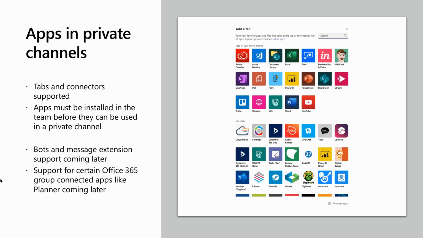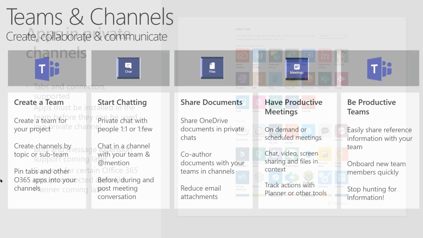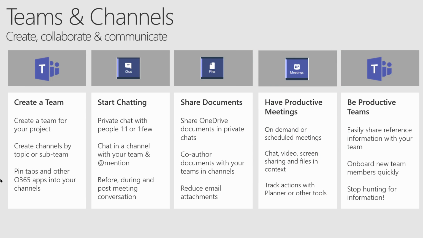Bots and message extensions are not supported at this time, and some Office 365 group-connected apps like Planner will be coming later as we continue our engineering efforts to connect all of the dots across the hub for teamwork.